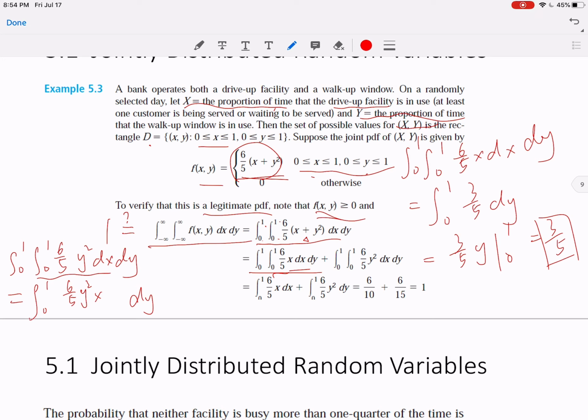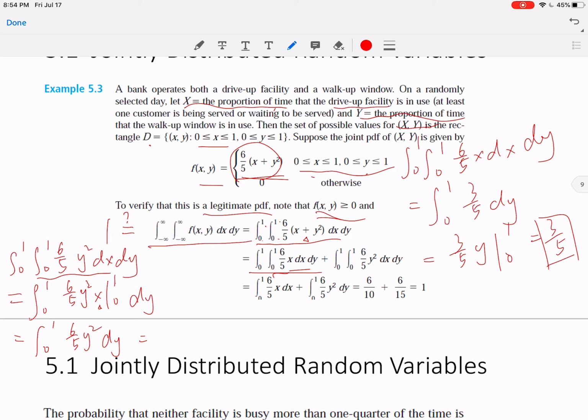If we do the integration with respect to x, we just consider the y squared part as a constant, from 0 to 1. This would be equal to 6/5 y squared, because if we plug both 1 and 0 into the x here, we get 1 minus 0, which is just 1. And then dy.